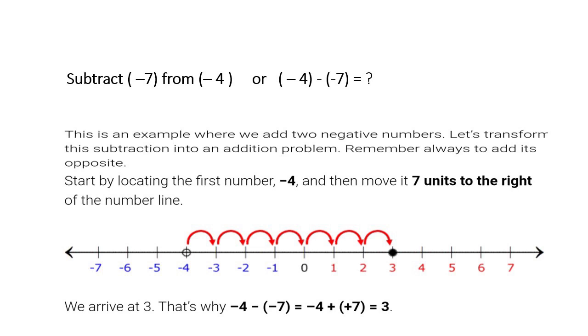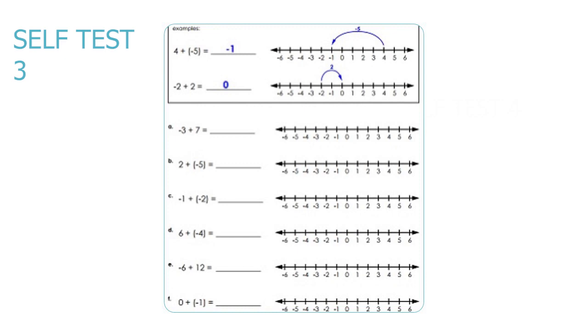Being plus 7, it is a positive integer, so we have moved 7 units to the right on the number line. We come to 3. So the result is 3. Minus 4 minus of minus 7 is 3. There will be some self-test questions for you on the number line which you can do.